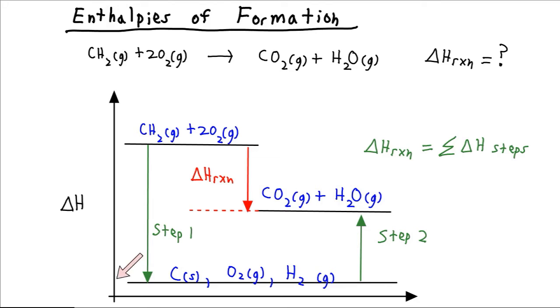And let's just call this energy level 0. Now if we measure the difference between this and this, and we measure the difference between this and this, then we can follow this for our first step, and then go up for our second step, and that will give us this, according to Hess's law. So that's exactly what we're going to do.